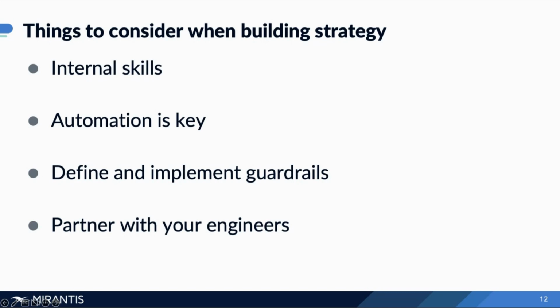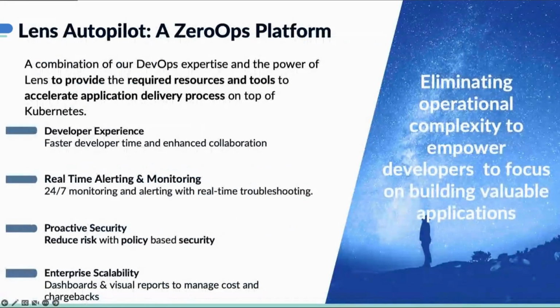What I'd like to introduce to you then, in order to provide some of the capabilities of implementing this strategy, is Lens Autopilot. Now, Lens Autopilot is a culmination of a decade of serving thousands of customers in virtualization, DevOps, and containers. We've clearly established that Kubernetes alone is not enough for most teams.